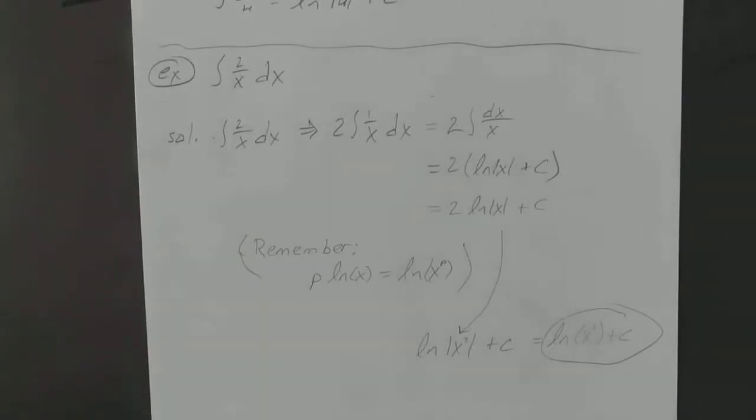You don't have to. It just makes it a little bit easier. You'll see in other examples where it's dx over x or du over u. But if you're more comfortable with it on the side, you don't have to.